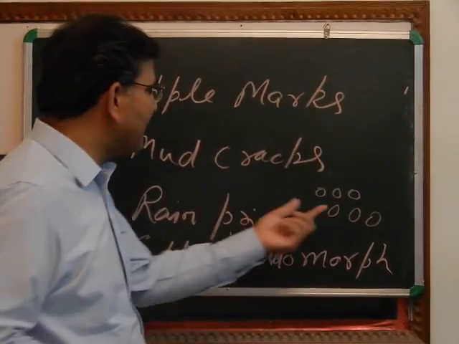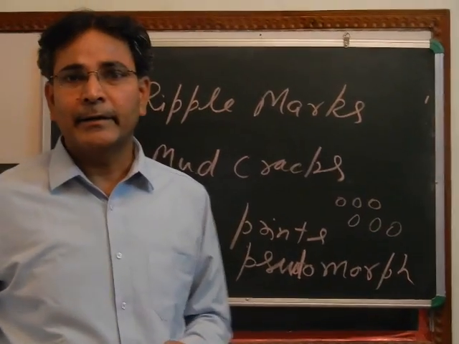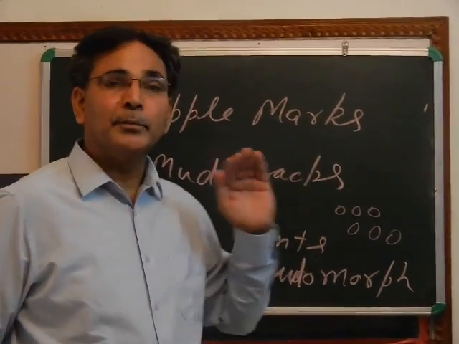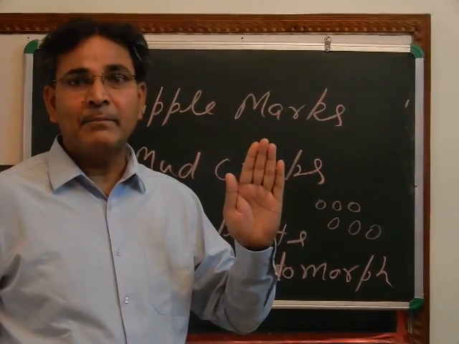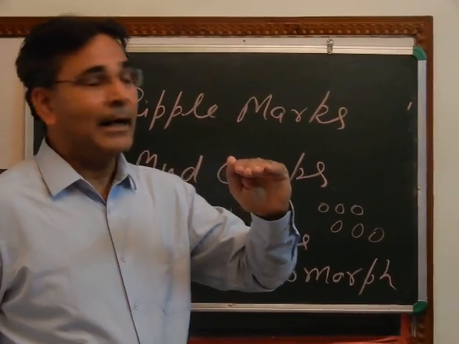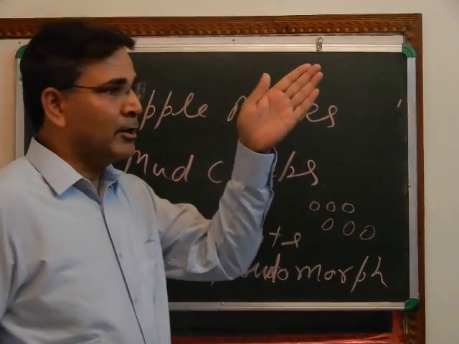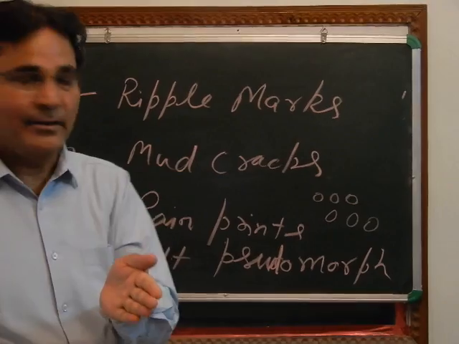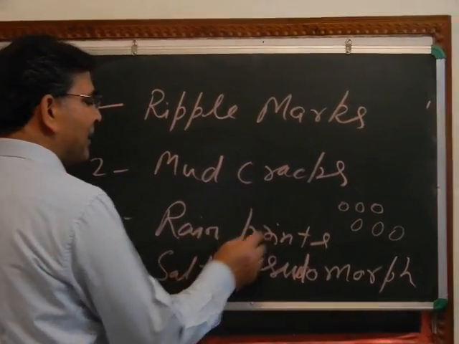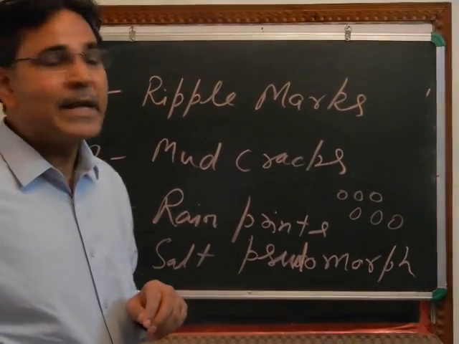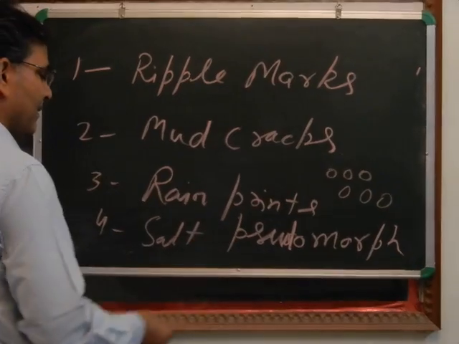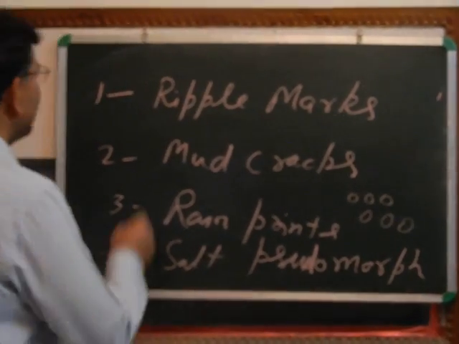If they are elliptical in shape or elongated, it means when that rock was deposited, the velocity of the wind was very high, and that makes the rain become inclined. The salt pseudomorphs and rain prints are generally preserved in arid or semi-arid regions. Salt pseudomorphs are preserved in regions where salinity is very high.